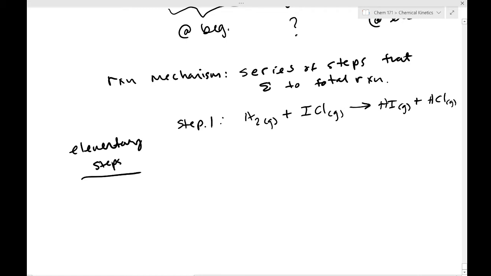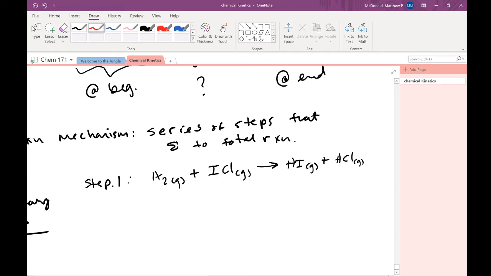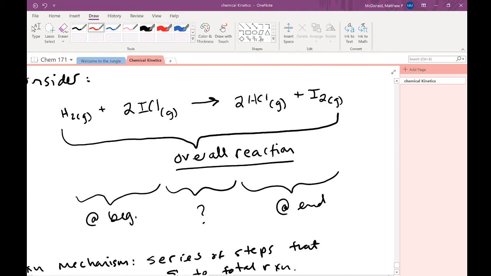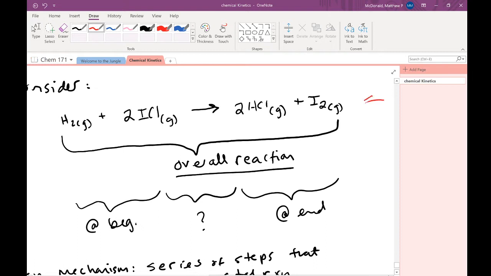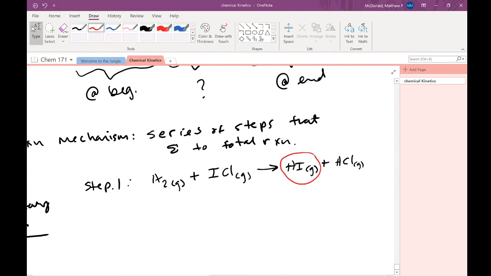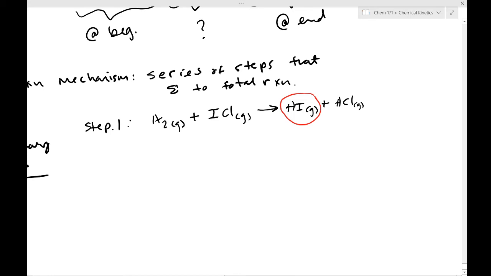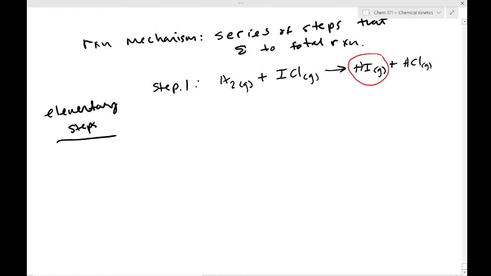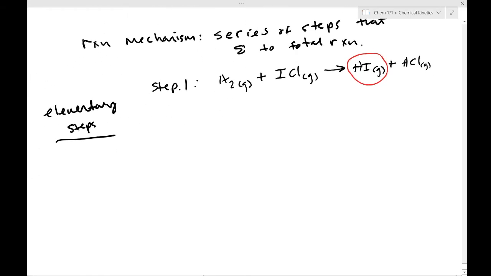Now, notice here right away, hydroiodic acid is nowhere in this overall reaction. There is no hydroiodic acid here, and so we've already come to a point where we have something that's not around in the overall reaction. That's interesting. We'll come back to that in just a second.